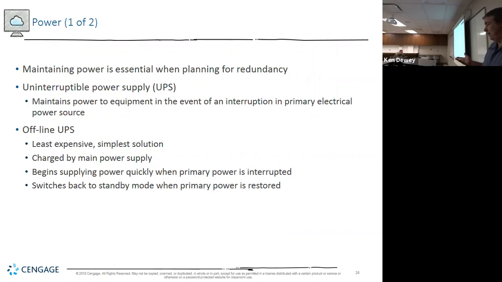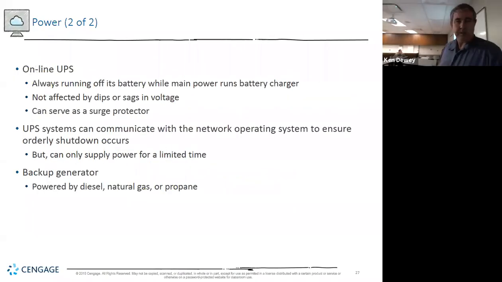Yeah, that's fine, but it depends. What if I'm running the surgery lab at a hospital? That probably would not be an acceptable number. So it really depends what you're doing. So offline is least expensive, simplest. It charges from main power, and you run on main power until there's a failure, then it switches over.